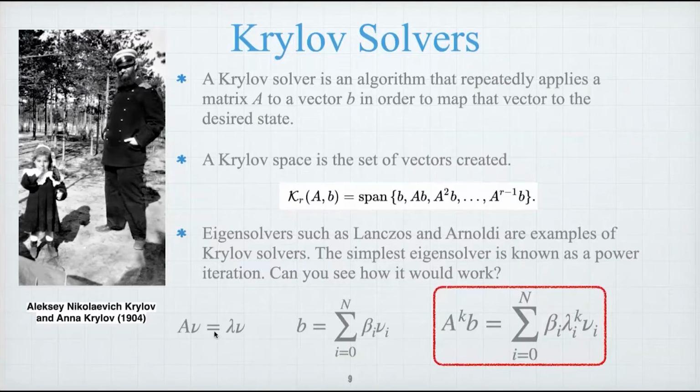Here you can see an eigenvector equation. A matrix A times a vector nu equals an eigenvalue times that same vector nu. Well, if you know anything about linear algebra, you will know that any arbitrary vector B may be expressed as a linear combination of eigenvectors nu.